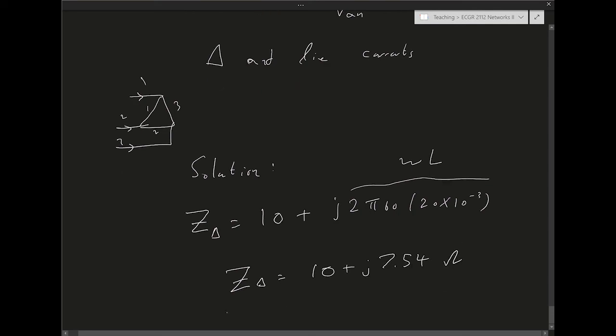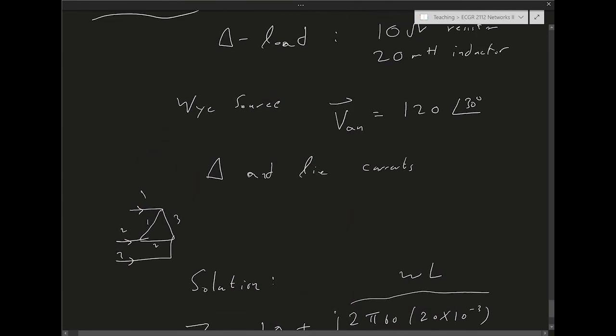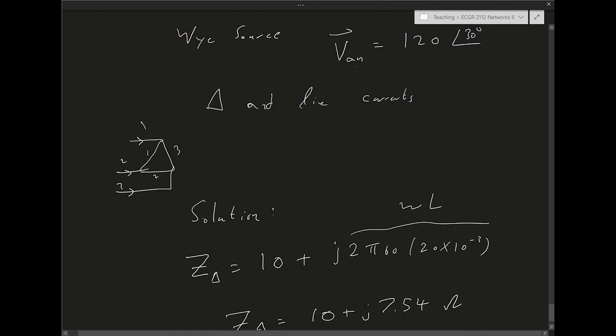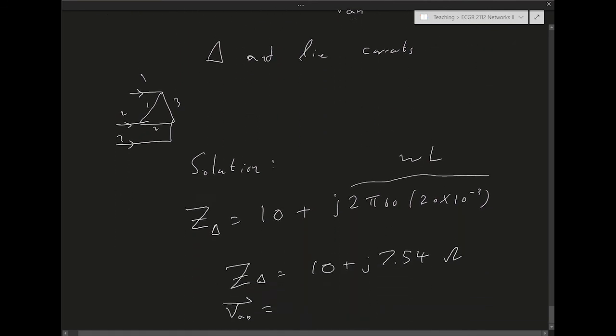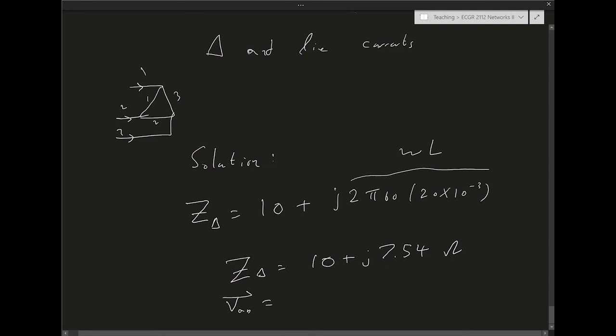So VAB: we're given the phase voltage. Because this is a delta load, it's easier to calculate the delta current. It's easier to just find the line to line voltage, which is VAB, which is just VP, 120, times square root of 3.